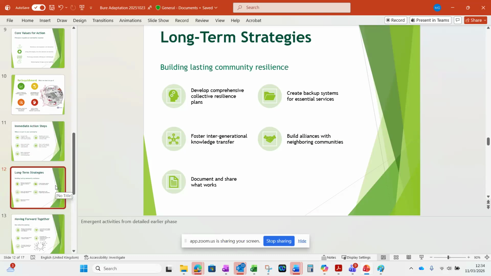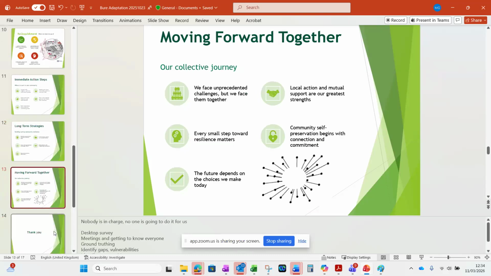You can start to work more broadly and put together programs of engagement and programs of community research and documentation.